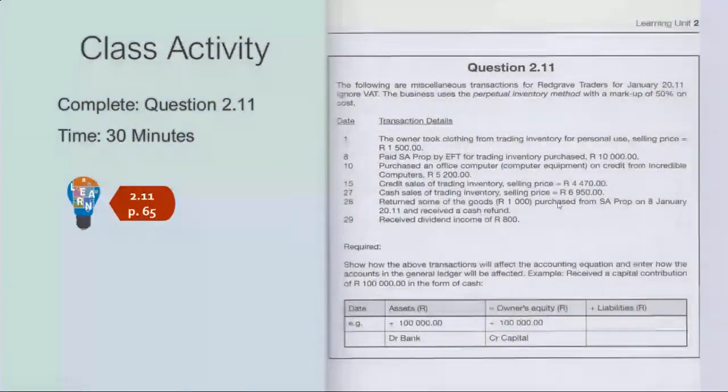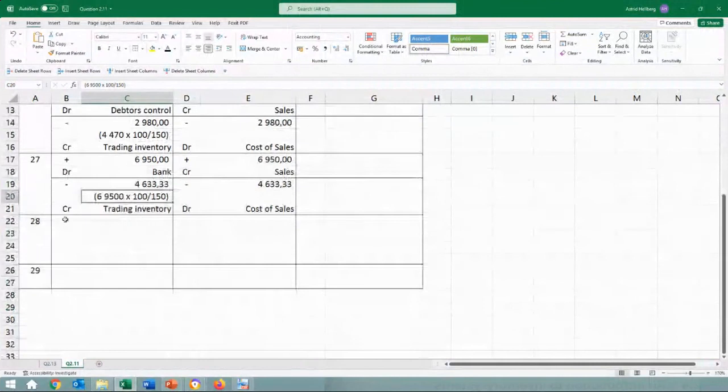So we returned some goods purchased and received a cash refund. So if we return goods, our inventory will reduce, and because we received money, it will go to the bank account. And the last one is we received dividend income. So dividend income is an income, and we received it in the form of money, which will also go to the bank account.